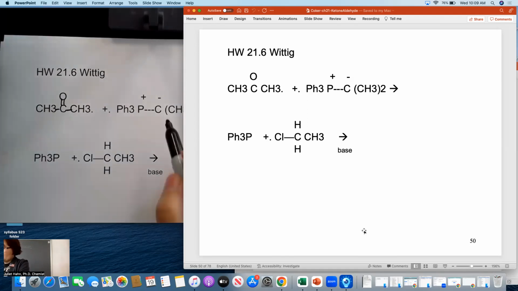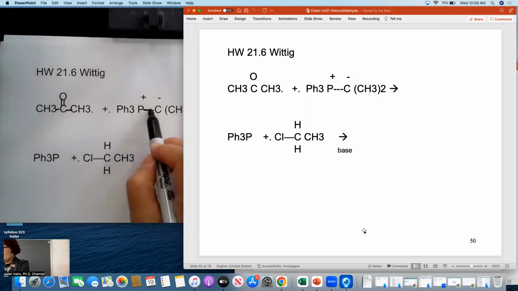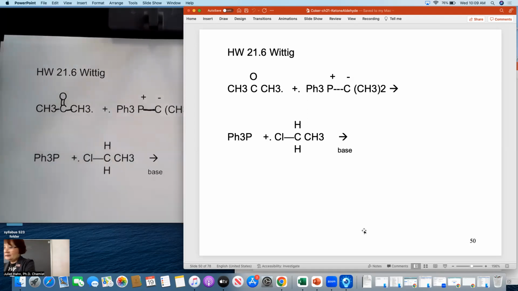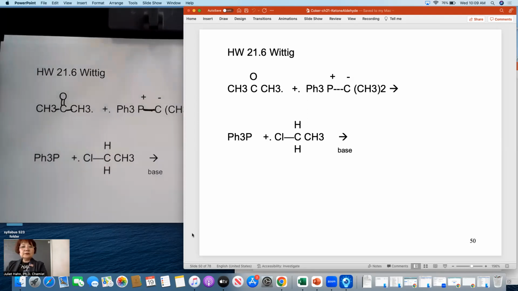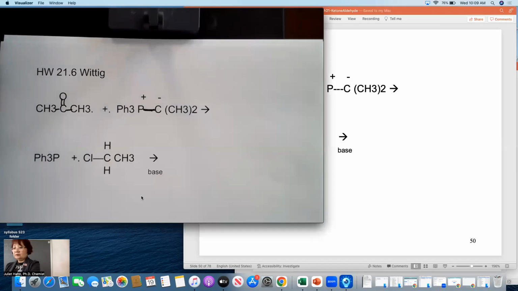And this is a regular single bond. I just drew it with dashes because it's easier. Okay, so our first reaction is the Wittig reaction proper. And our second reaction is the generation of the Wittig reagent.